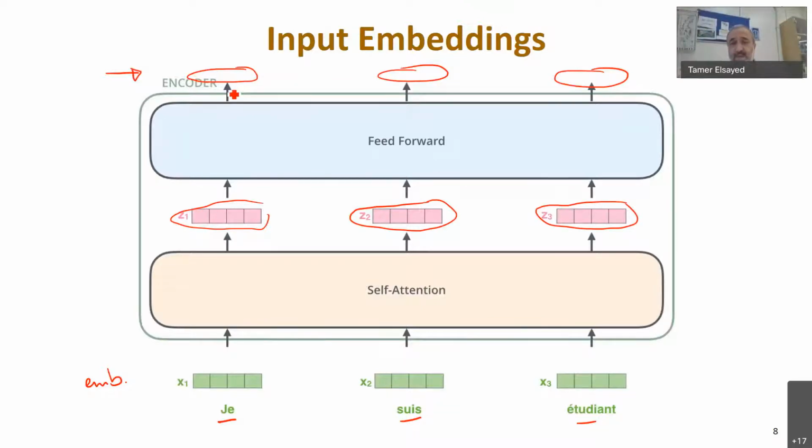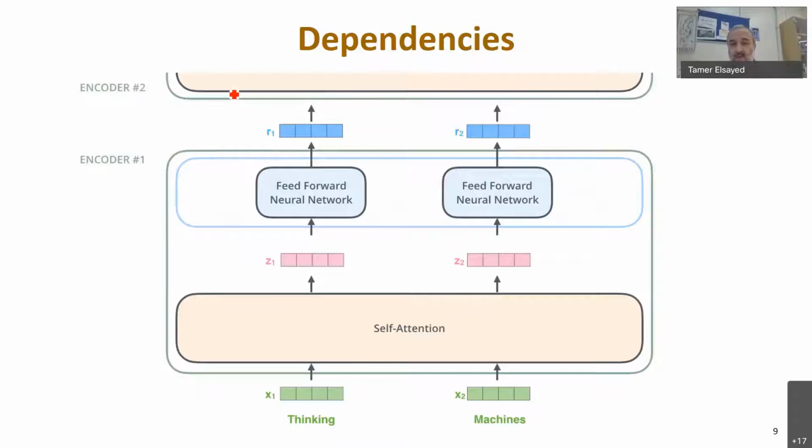Fine. Now, one thing that we need to say before we get into the self-attention layer is that the self-attention layer involves or considers all the embeddings. So there is a dependency here between all embeddings.